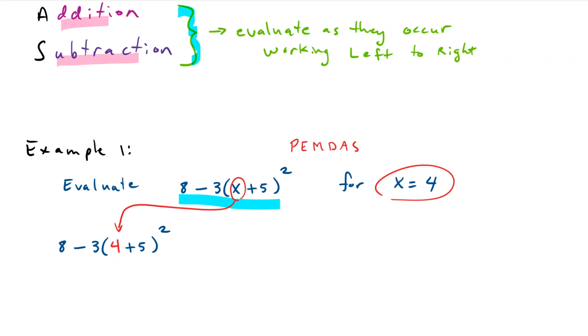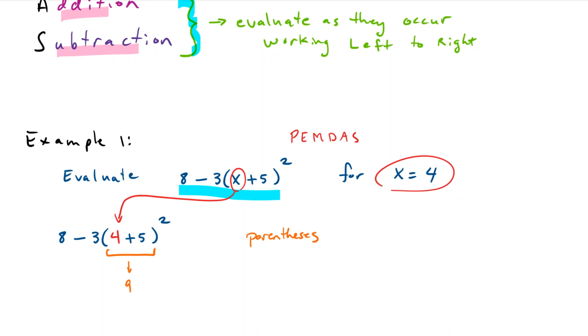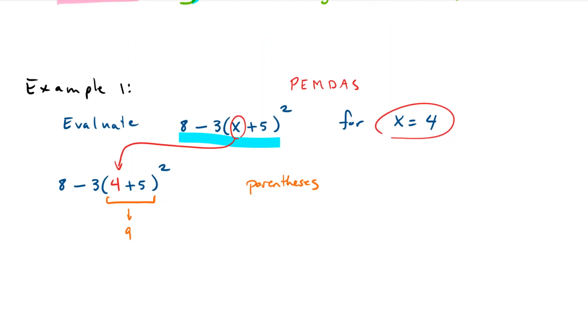The first thing we deal with in PEMDAS is the parenthesis. So we deal with that. That is actually 4 plus 5, which is 9. The rest of this follows down. We still have a squared, a 3, and an 8.